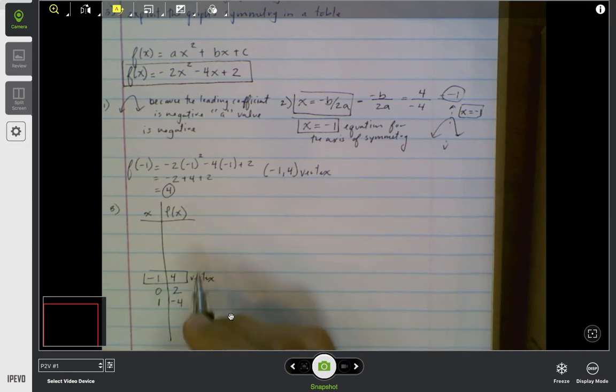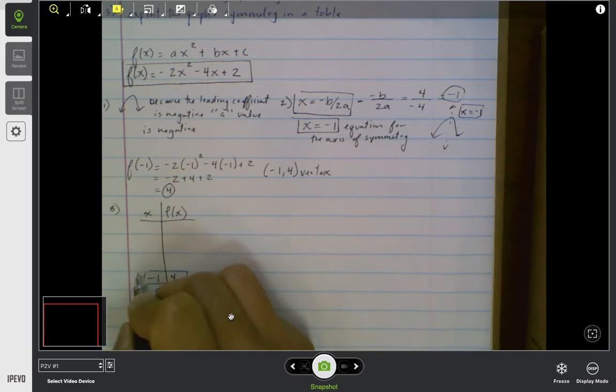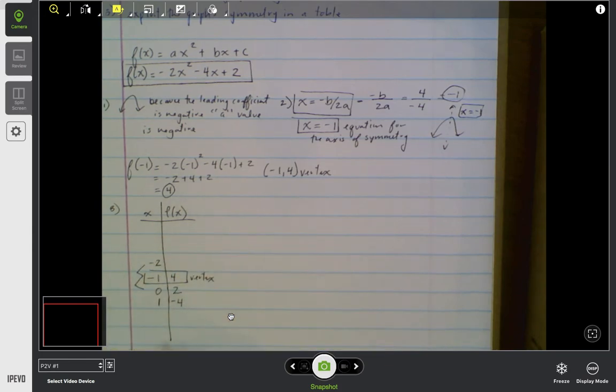What you can do, however, is think to yourself, wait a minute, I know that my parabola is symmetric, so if I am one space away here, from -1 to 0 is one space away, how about I move in this direction one space and land at -2? I should be getting the same output as I was on this other side. So one space away from the vertex gave me an output of 2. I should also be getting an output of 2 here.